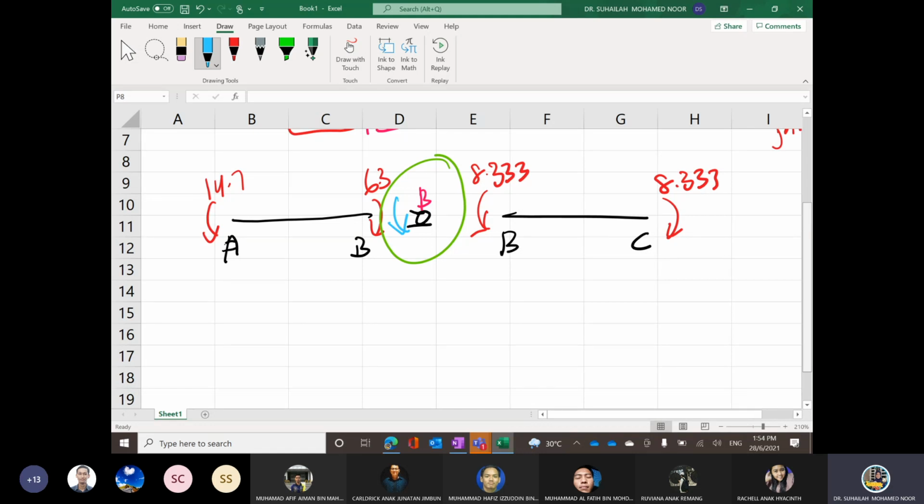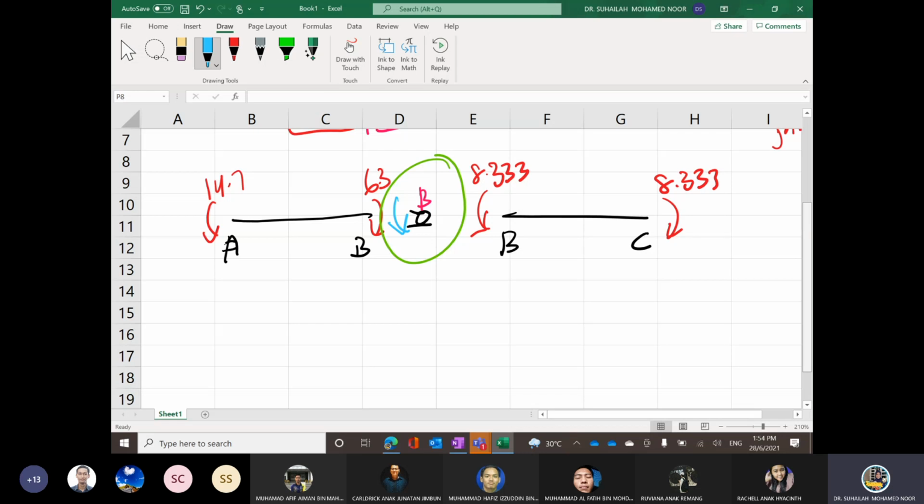Another joint moment comes from the fixed end moment FEMBC, and it is opposite with FEMBC.